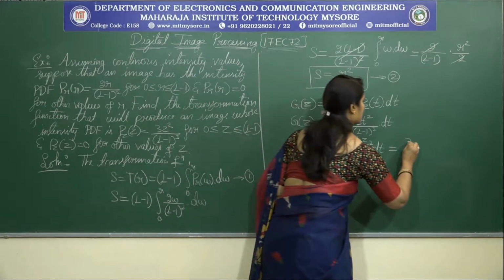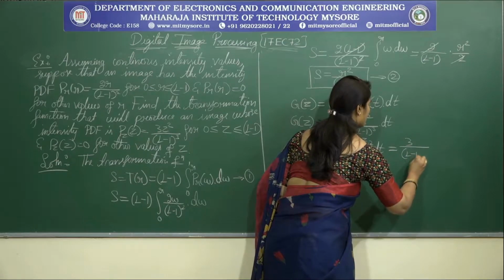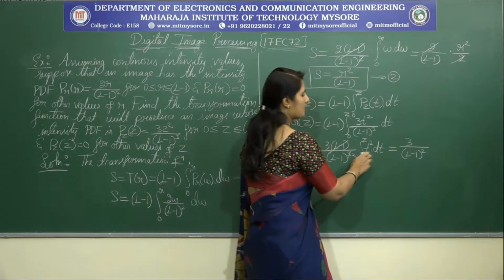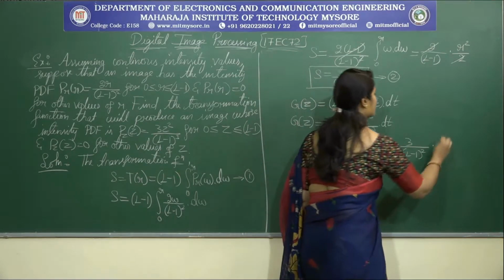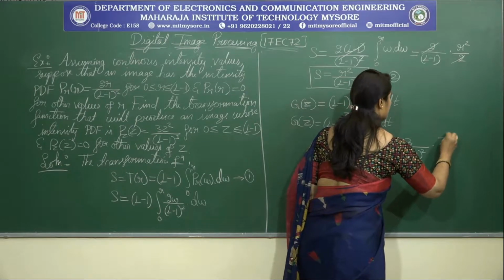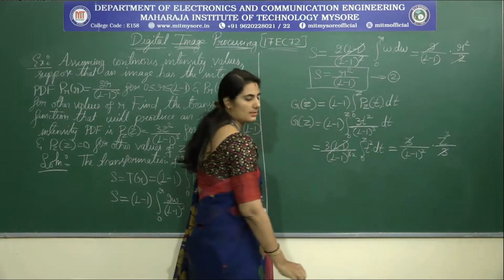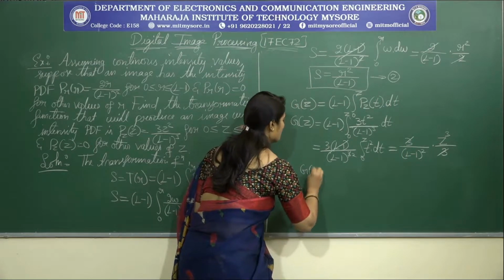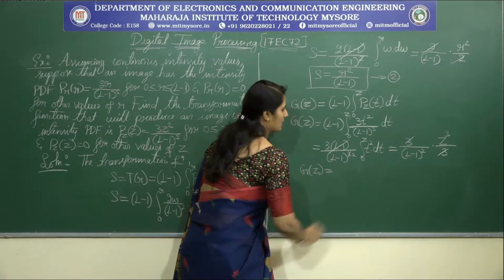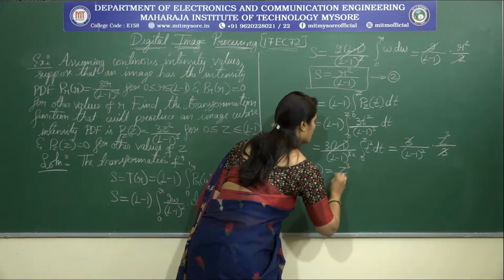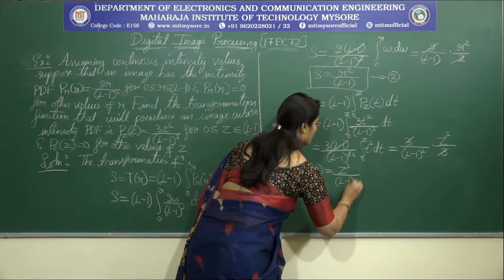So this is equal to 3 by L minus 1 whole square, and simplifying this results in Z cube by 3. This term cancels, therefore G of Z is equal to Z cube by L minus 1 whole square.